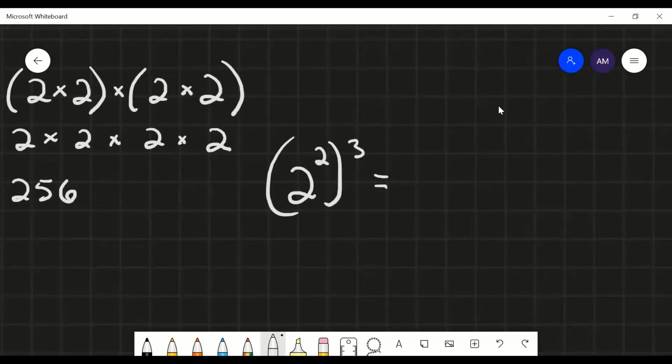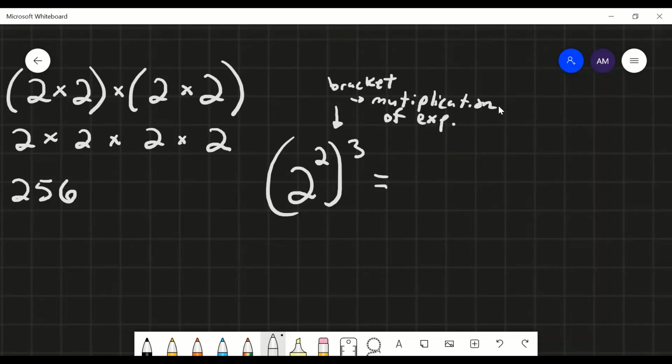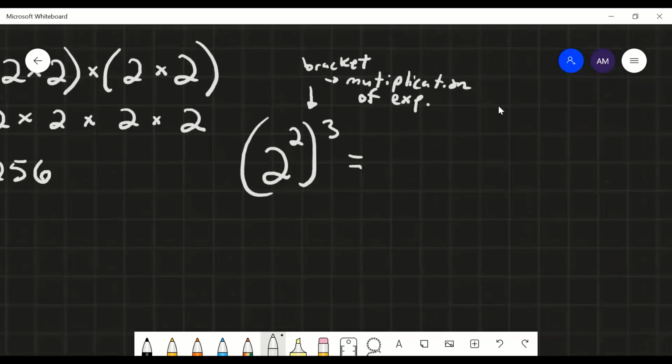So anytime you see a bracket right here separating 2 exponents, it makes a multiplication of the exponents. So this is actually 2 to the power of 2 times 3, which is 2 to the power of 6.